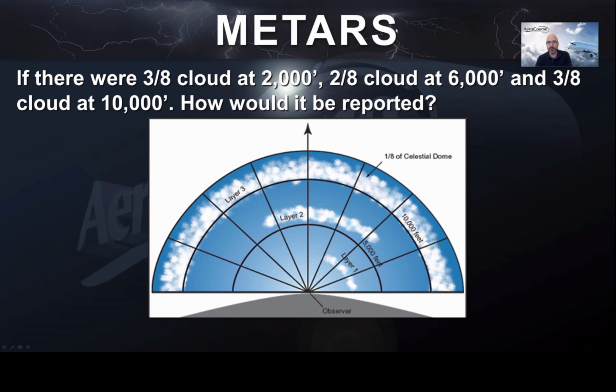So it's important to realize that what's displayed in a METAR may not be the truth. It is assuming the worst. It's a summation. Don't worry, I got a couple more examples for you, but just keep that in mind. METARs are based on a summation. So in this case, it should be scattered, scattered, overcast, but it's reported as scattered, broken, overcast.